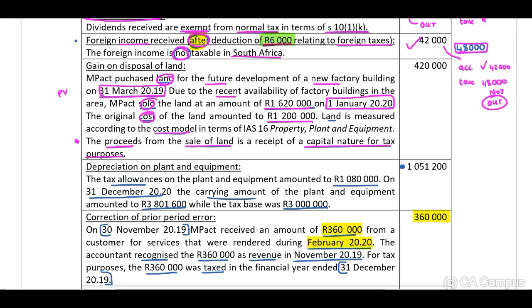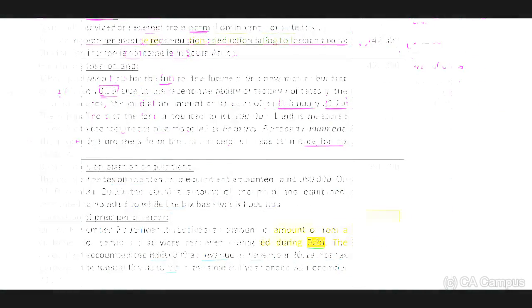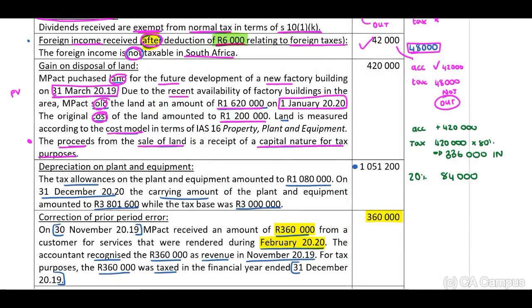But again, now what do we do here? On the right side of your screen, I just want to explain to you the principle here. Okay, now we know that the 420,000 is included as a profit.